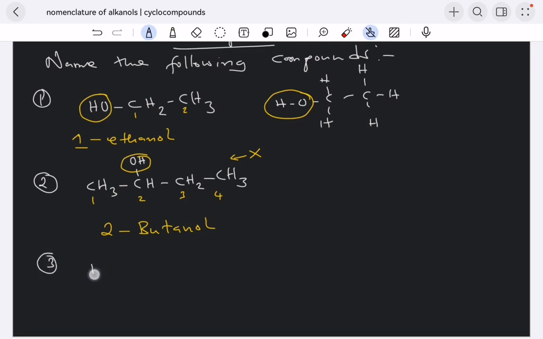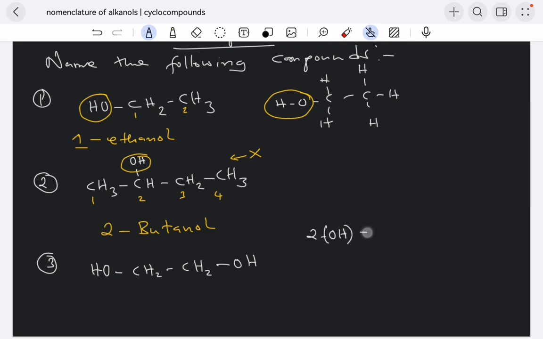In a situation where we have something like this, then CH2, then OH, we have 2 hydroxyls.